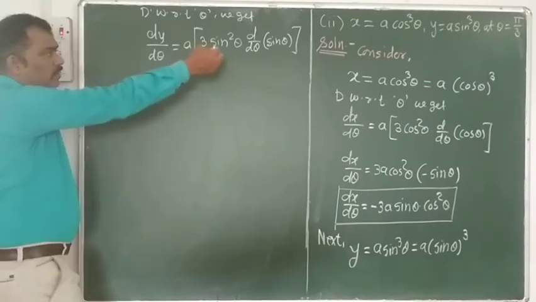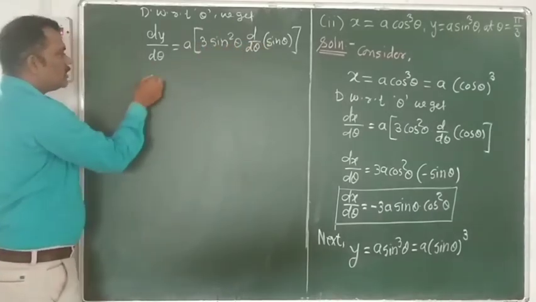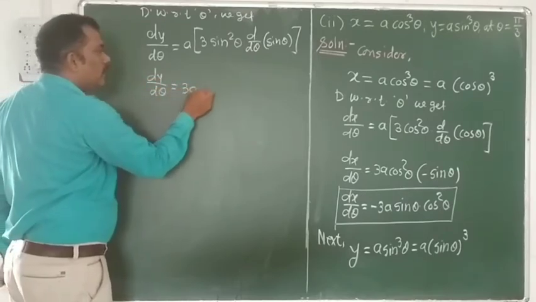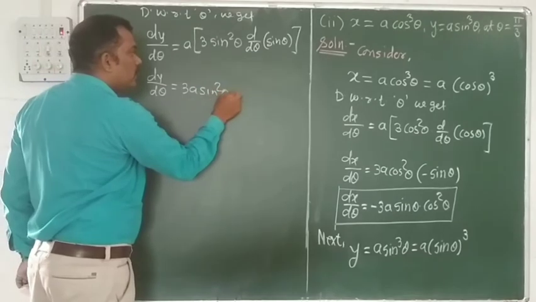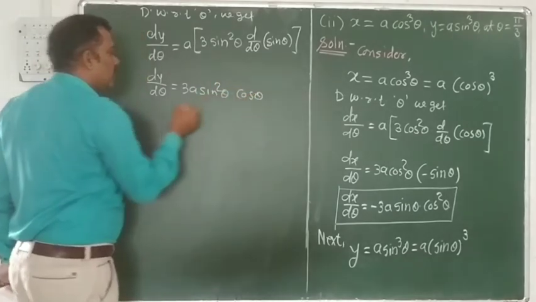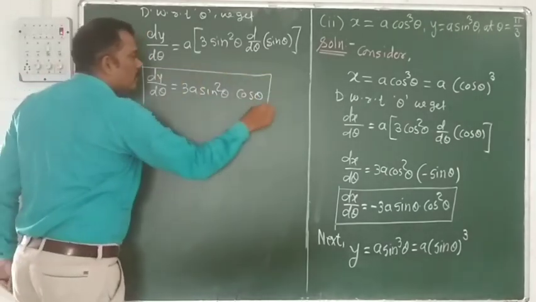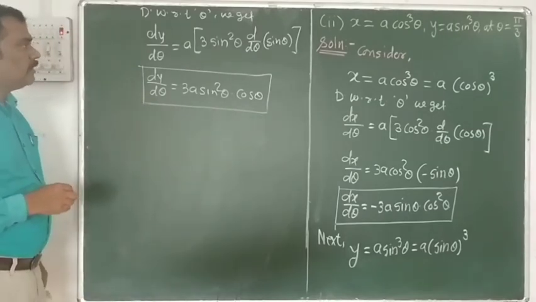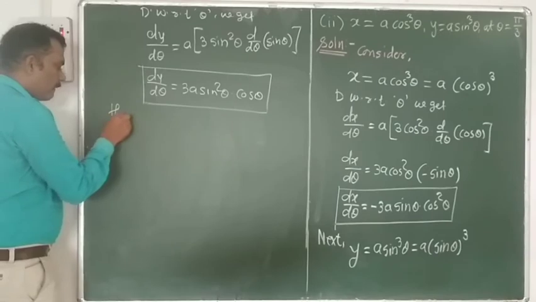We know that the derivative of sin theta is cos theta. So dy by d theta is equal to 3a sin square theta into cos theta, which is the value of dy by d theta. Here theta is a parameter.